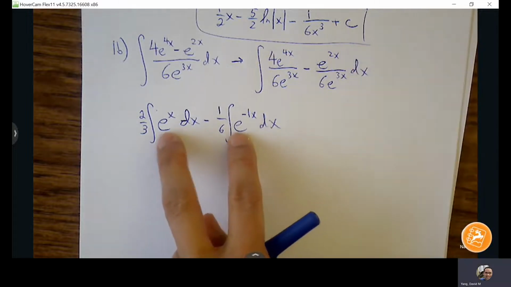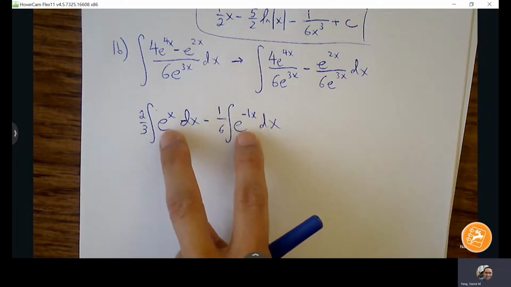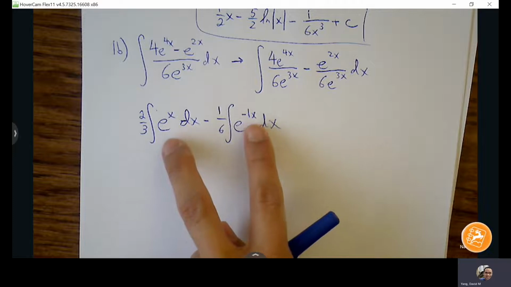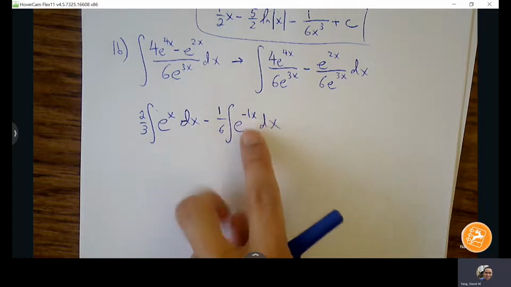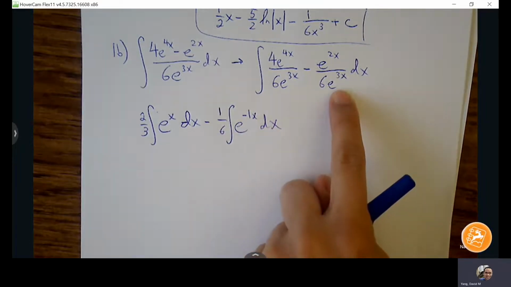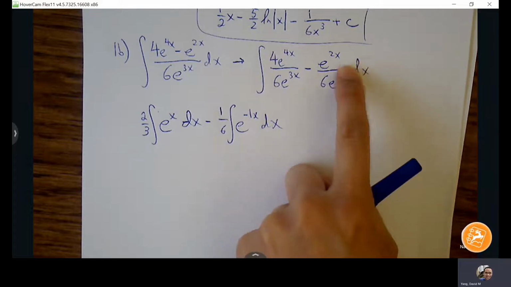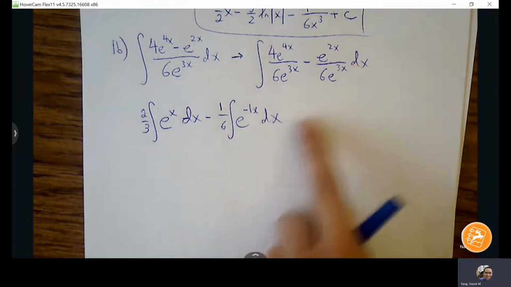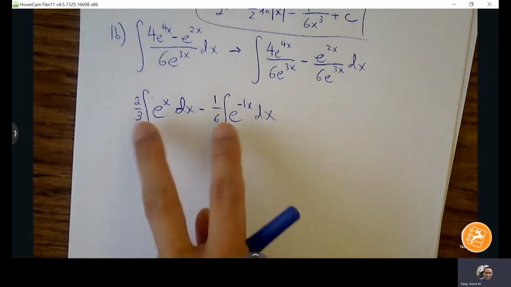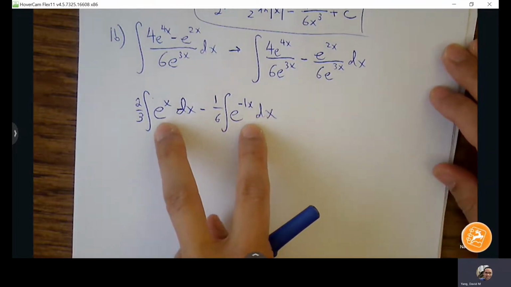I do want to bring both base e to the numerator because I don't have a rule for e to the x in the denominator. I only have rules for e to the x in the numerator. So that's why I'm forcing that e to the negative x, or e to the x from the denominator up, or I can just subtract 2x minus 3x, gets negative 1x. Either way, I have to make sure that these are up in the numerator. And we're on page 27 of the 6.3 packet.